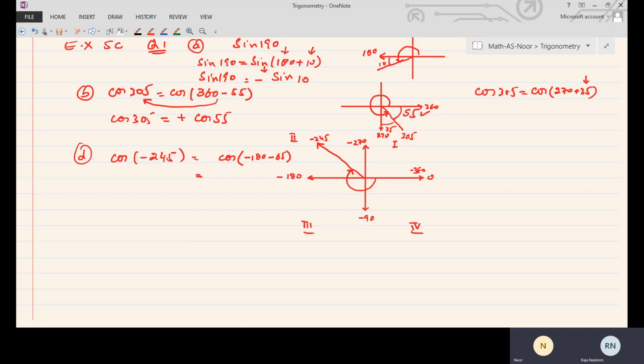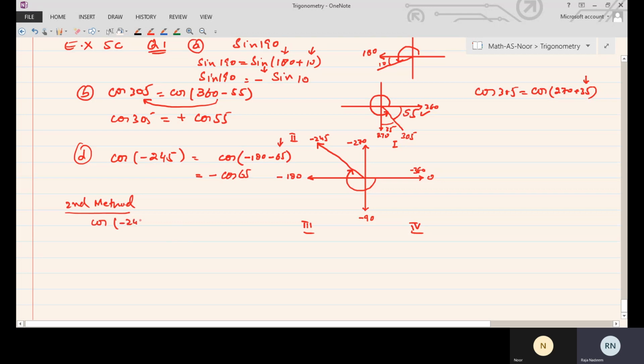Because it's in the second quadrant, it would be negative cos. Then we'll put the minus sign, and because it took a 180-degree turn, it will remain the same. So negative cos of 65.